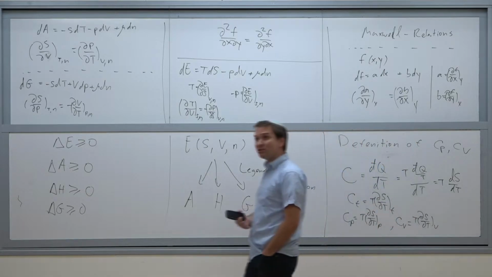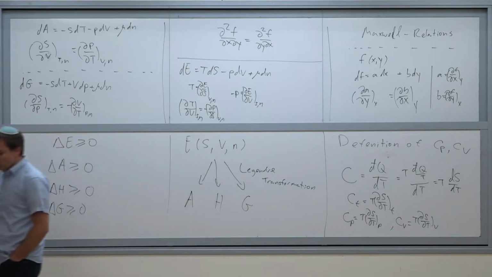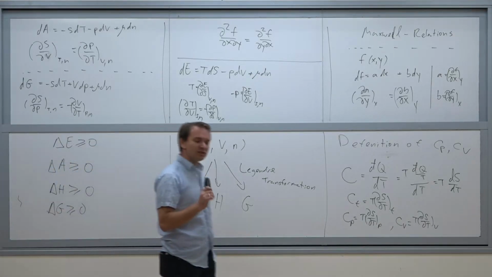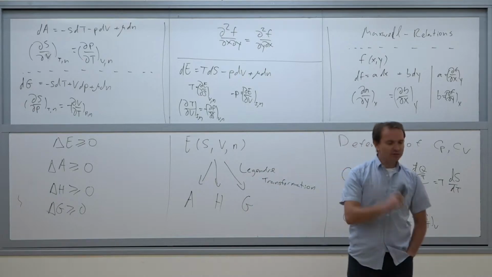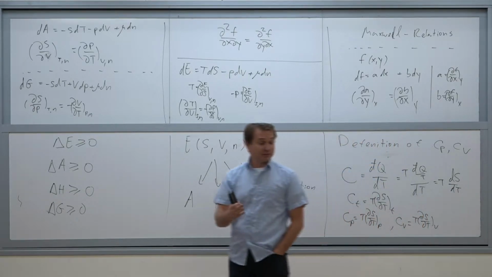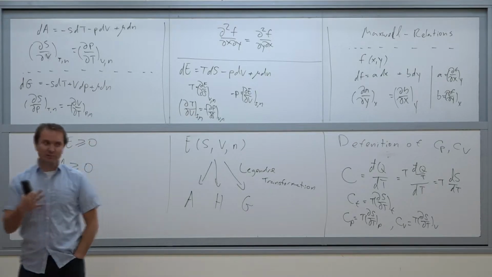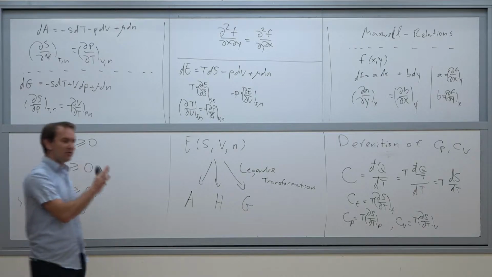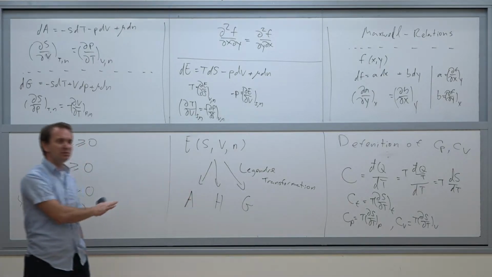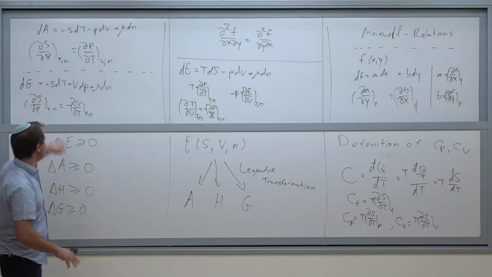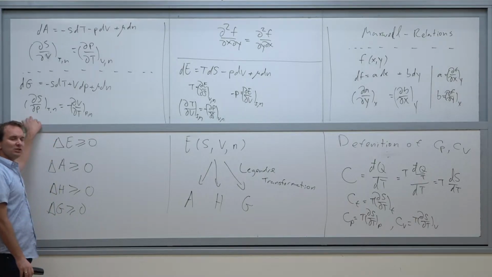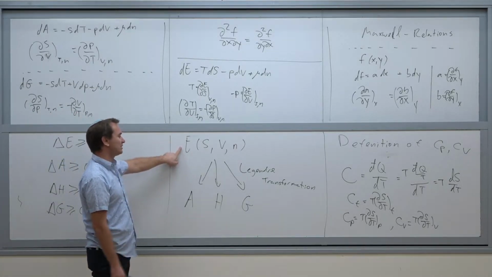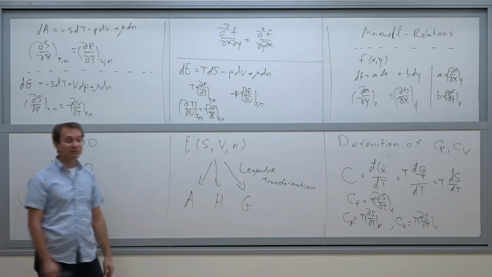Why? Because those are partial derivatives. In order to build a function of x and y knowing only partial derivatives, there are very strict conditions. It's usually not enough to know just the partial derivatives, but we will see that in our thermodynamical world, which is very simple and very continuous, the knowledge of partial derivatives is actually sufficient to establish the state function, whether it is energy, free energy, enthalpy, or Gibbs free energy.